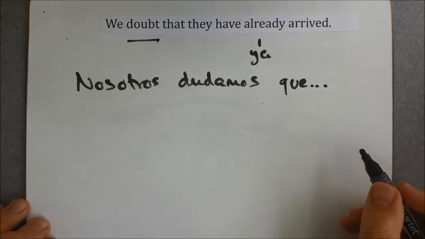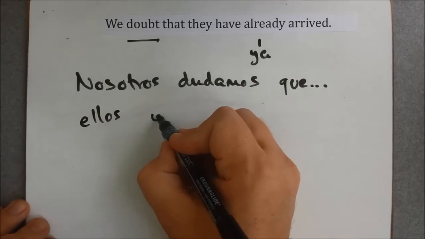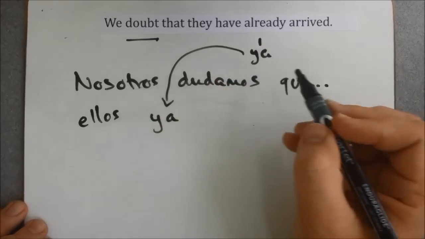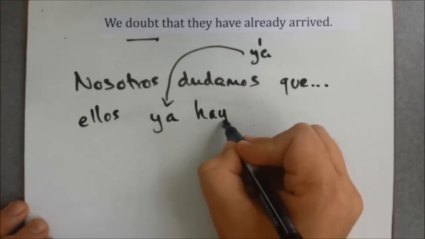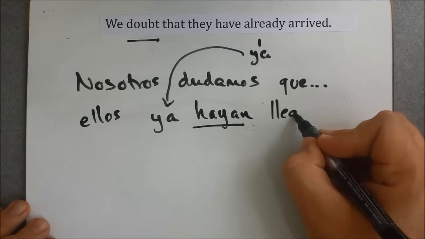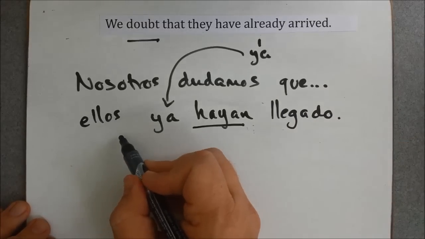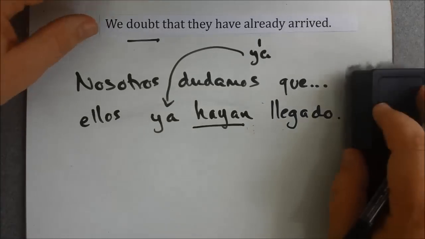That's our dependent clause. Nosotros dudamos que ellos ya, I'm going to just plug that in right here, already, ya hayan, that's the form that goes with ellos, and then llegado. Nosotros dudamos que ellos ya hayan llegado.